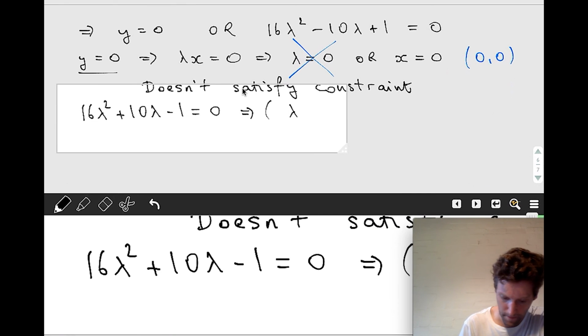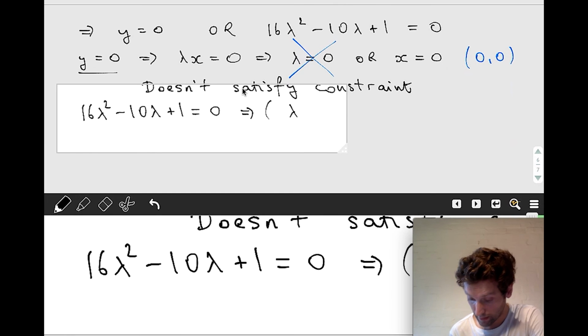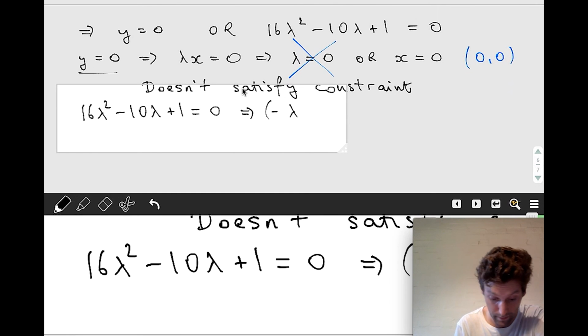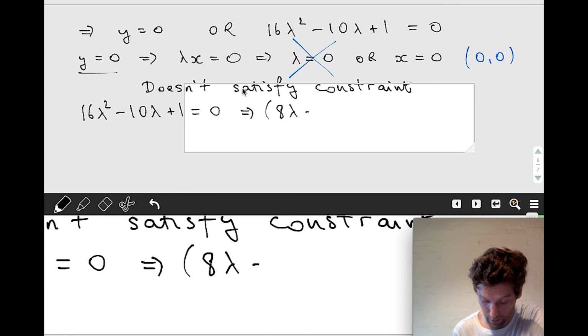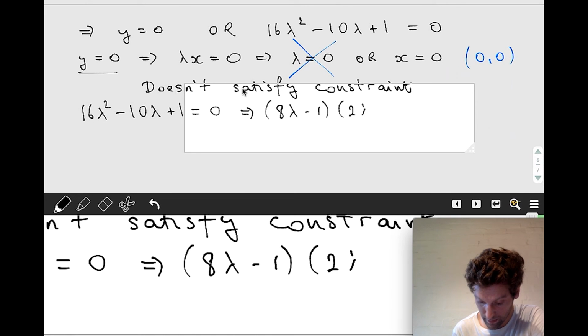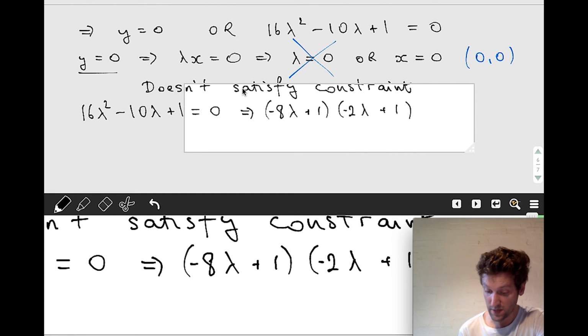All right. So let's factorize this. We're going to get minus 4 lambda, 8 lambda minus 1, 2 lambda. Put a minus sign on that, a minus sign on that, plus, that's fine, is equal to 0.